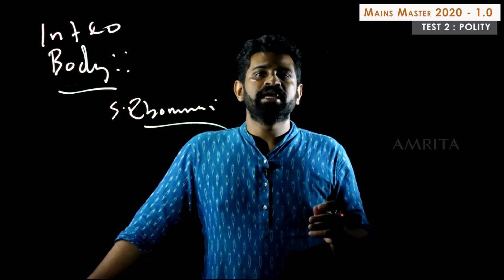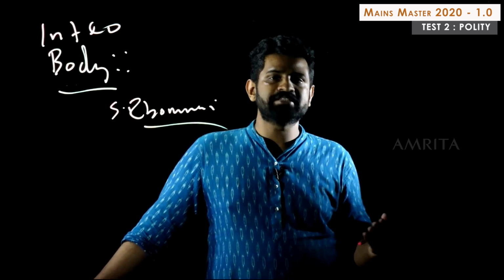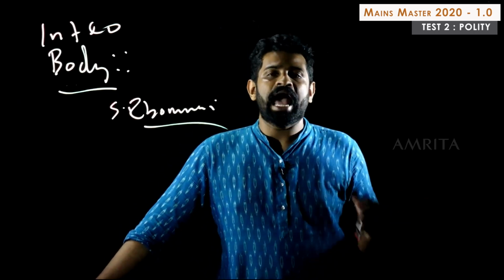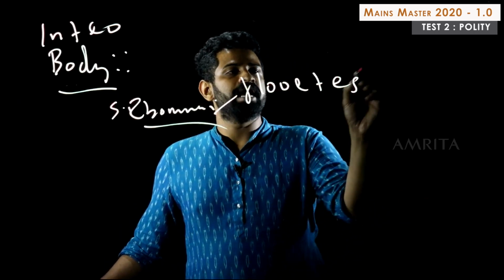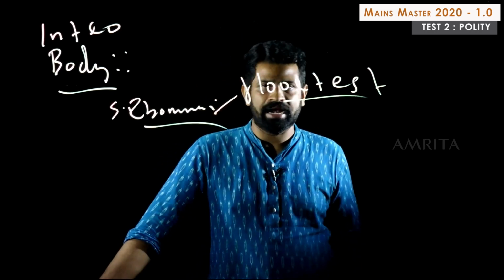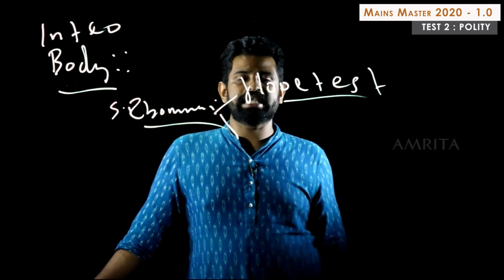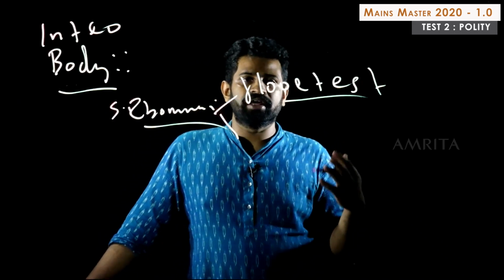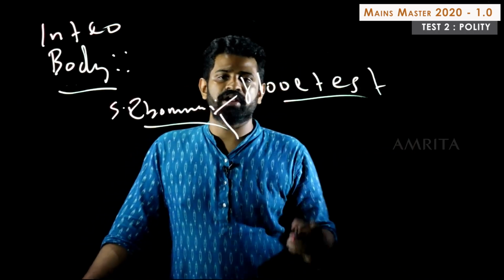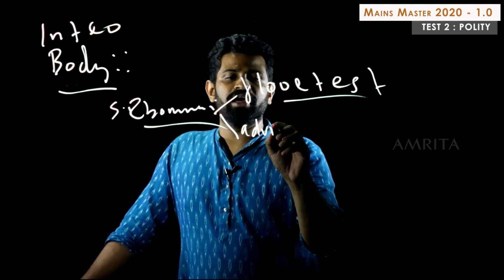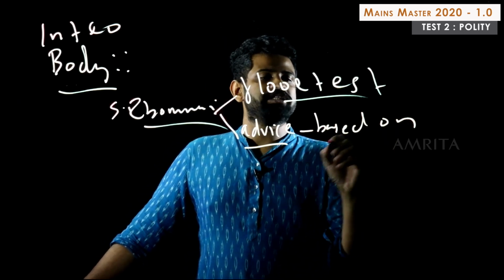One is that the confidence of the legislature in the government has to be decided by a floor test. In other words, S.R. Bommai made the floor test mandatory to determine the fate of the House and the government. Secondly, every time president's rule is declared based on the advice of the governor, that advice has to be based on relevant material.